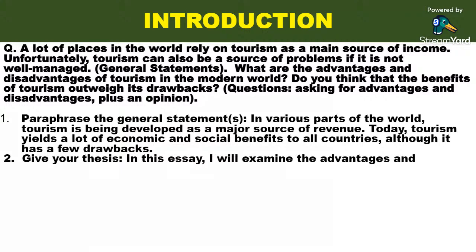So what the thesis statement does is that it gives a direct answer to the question, and at the same time highlights your opinion about the topic. By your thesis statement, you are telling the reader, this is what I want to say about the whole topic, all right?